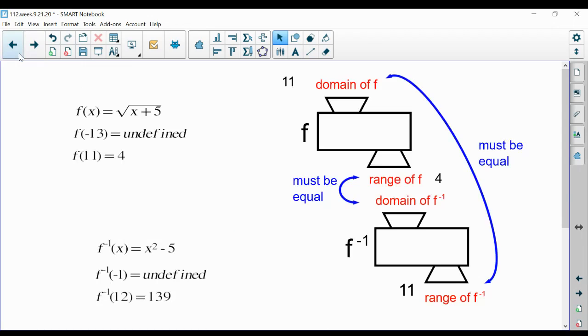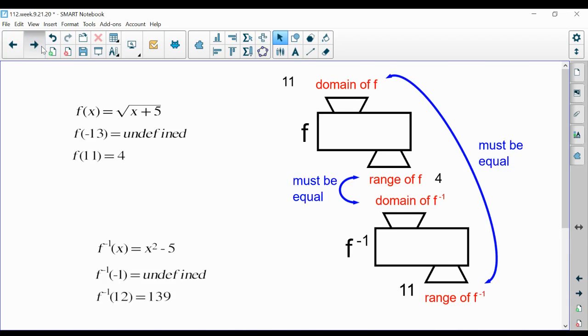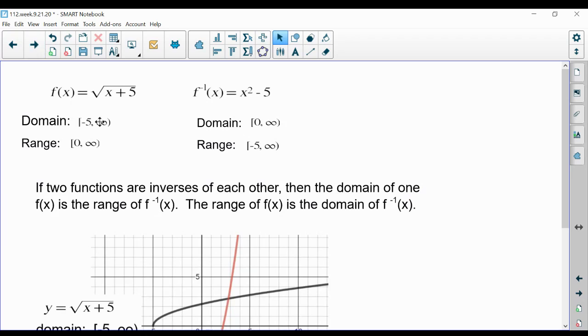Now we were doing that all along because as soon as you switch x and y, you are switching the domain and the range. As soon as x and y switch, you are switching the domain and the range between one function and its inverse. So the domain and the range must be switched for two functions to be inverses of each other.